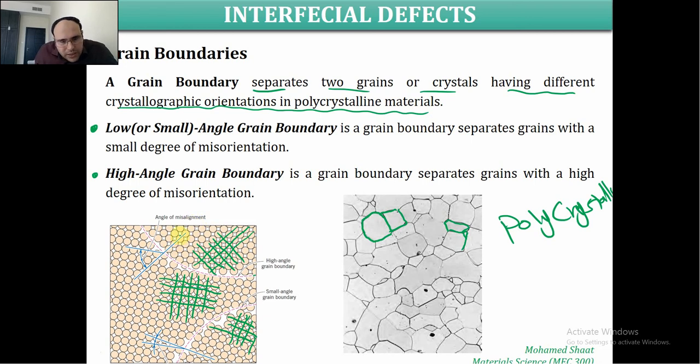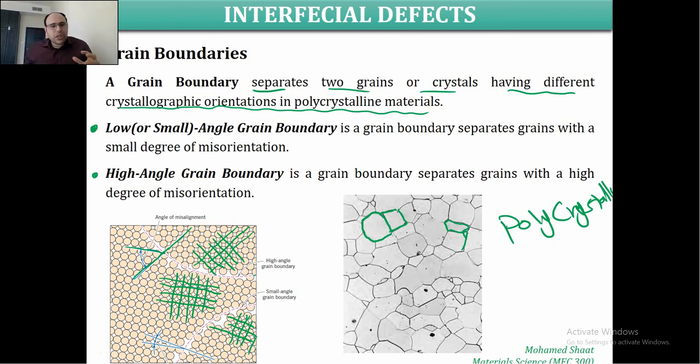What does it mean? It means that, as we agreed, this group of atoms is aligned to form a crystallographic plane. This is the plane of atoms in this direction, while this one has another direction, right? So there is an angle between them. They're gonna form an angle. If we measure this angle, this indicates how these two grains are misoriented to each other or misaligned to each other.